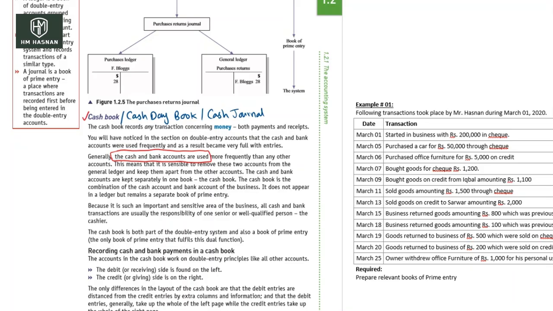Get it? Get my point? Cash related and bank related transactions.